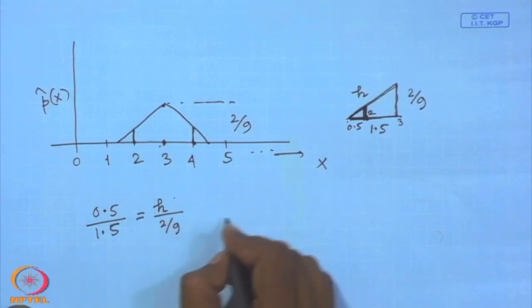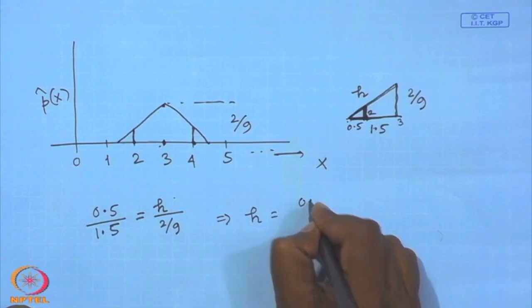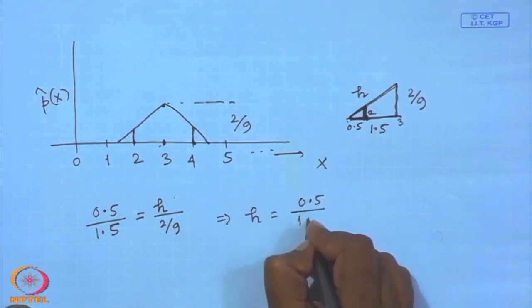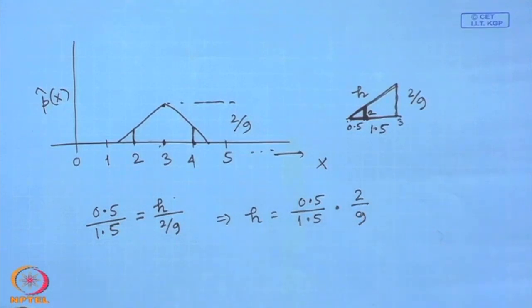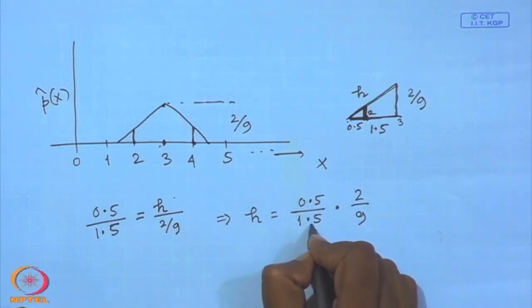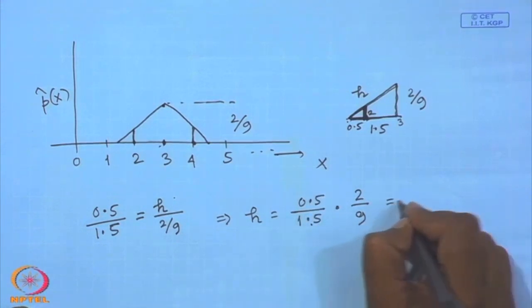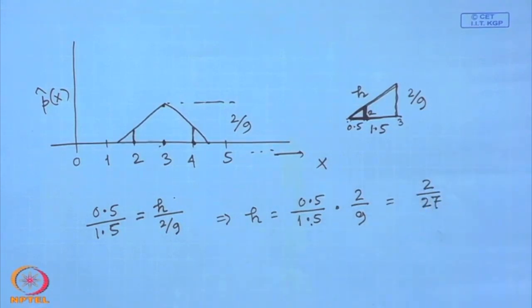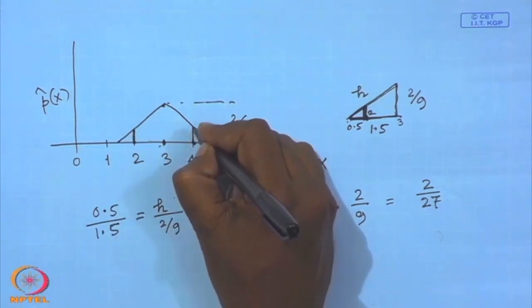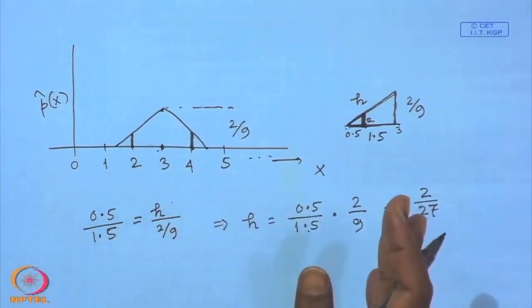So, h will be equal to 0.5 upon 1.5 into 2 by 9. And 0.5 upon 1.5 is nothing but 1/3, so this will be equal to 2 by 27. So, this height is 2 by 27, and by symmetry this height is also 2 by 27, because this window is a symmetrical window.